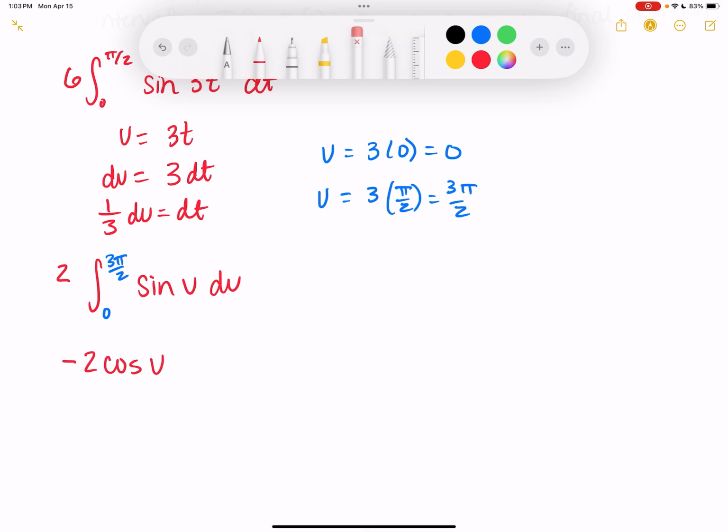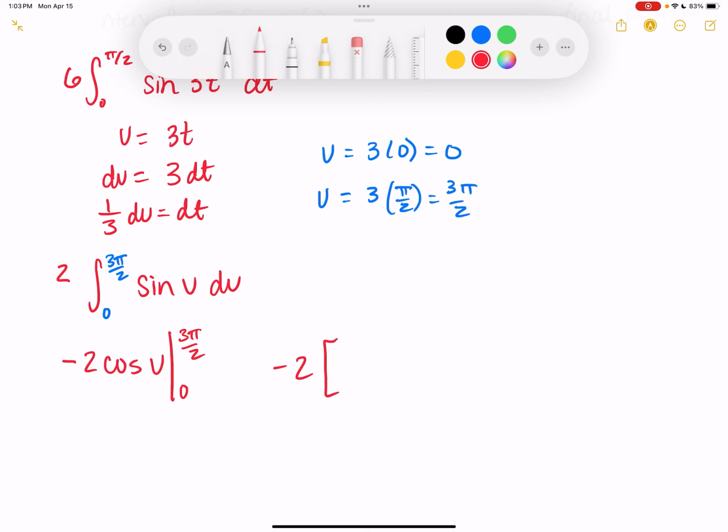So now at this point, normally what happens is we plug back in the 3t. But because I've changed the parameters, I don't need to do that. So I'm eliminating a step of plugging back in. I'm going to evaluate u for 3 pi over 2 and 0. So the negative 2 is going to be out front.